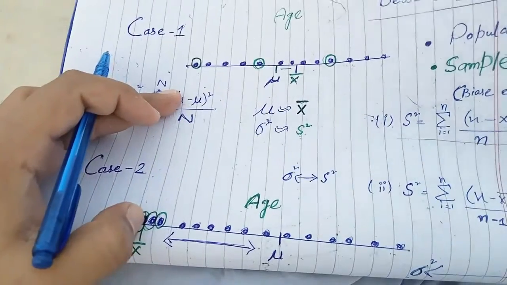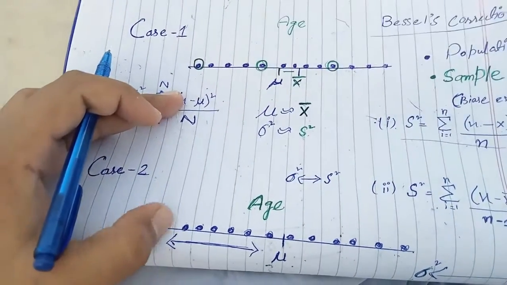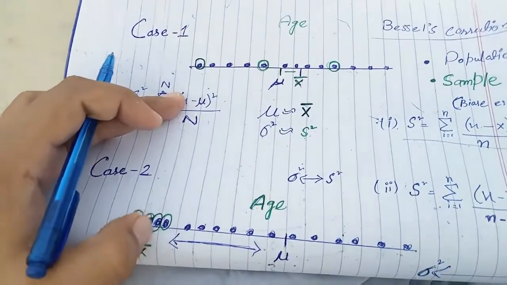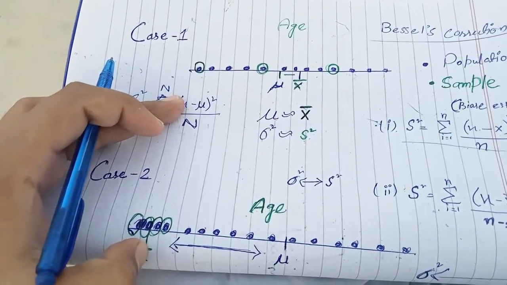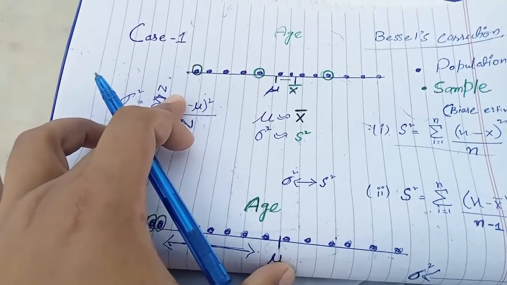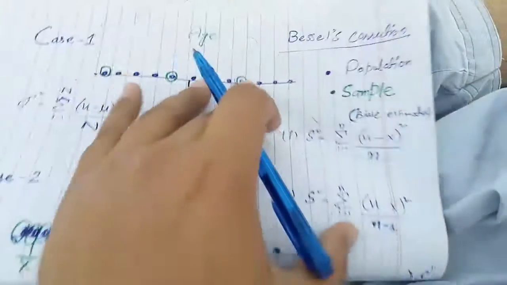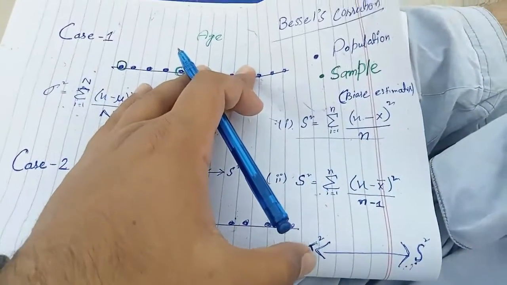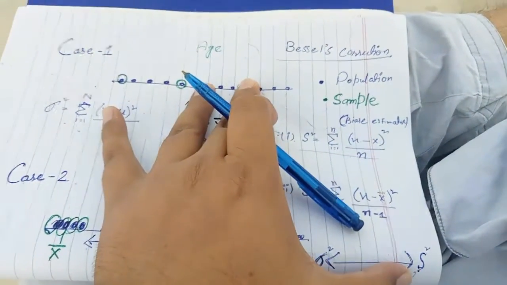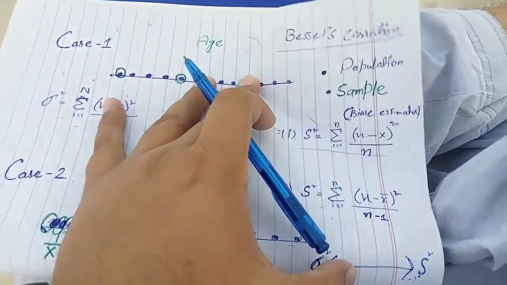Because the mean shows the central location, and the central location will be here. So there is a difference between the population mean and the sample mean. Similar to this, when we calculate the population variance and the sample variance, there is a huge difference, right?